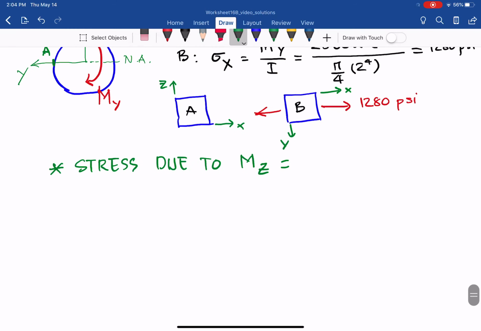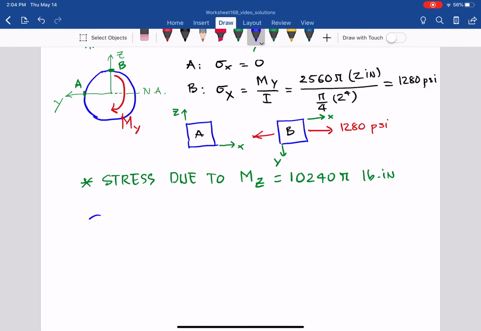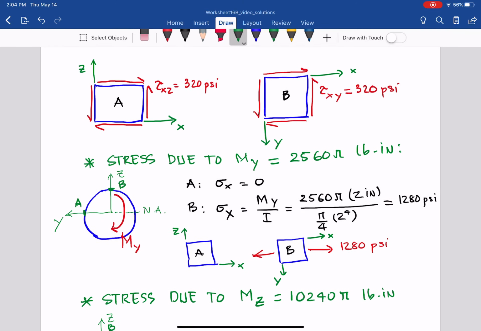So mz here is 10,245 pound-inch. So let's draw that cross section. Then you have here Z, and you have Y. That's point A. This is point B. And for the bending, it's positive.